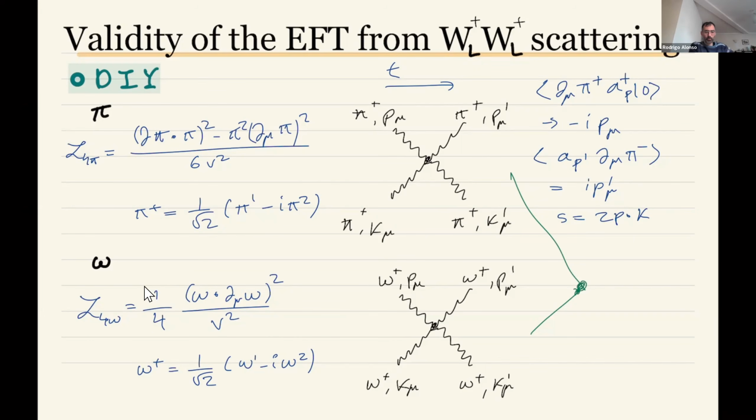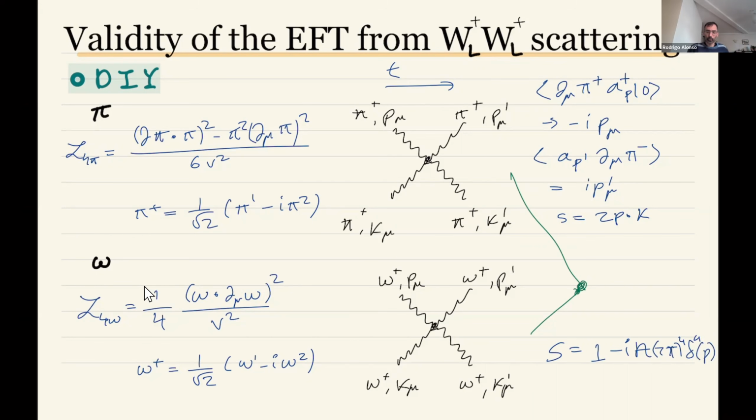The answer to this exercise, when you do it for both of them, you get the same result, and you get an amplitude. In our conventions, by the way, we define the S matrix as the identity minus i times the amplitude A, and then a conservation of total momenta.